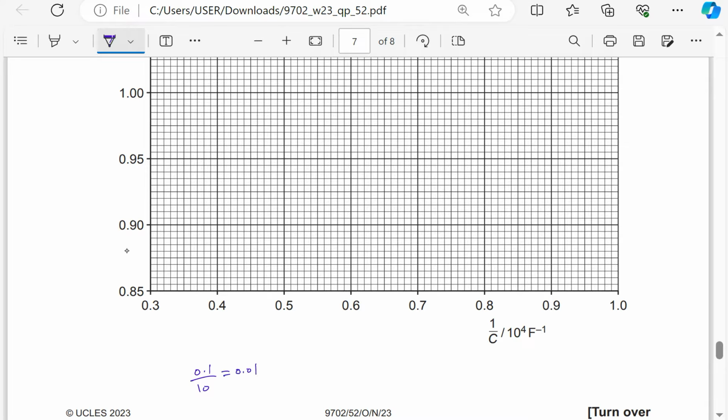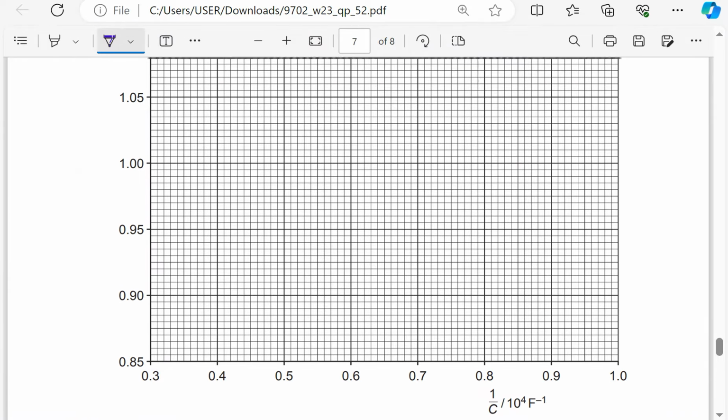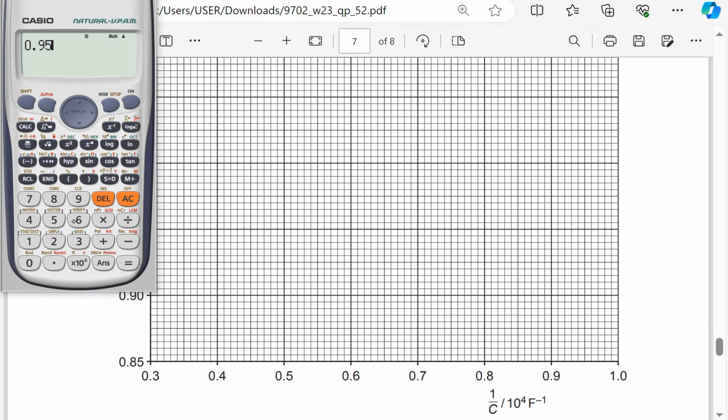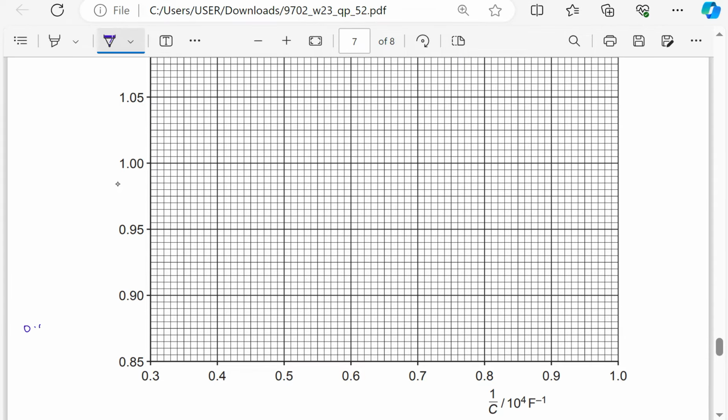Then on the y, it is 0.90 minus 0.85 divided by 10 boxes, so on the y, each small box is 0.005.